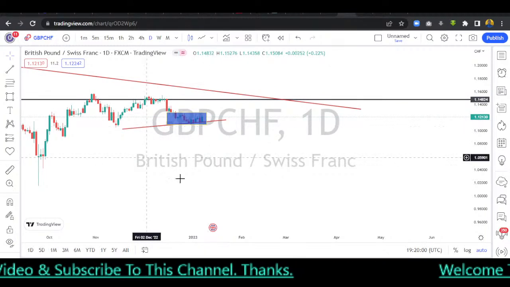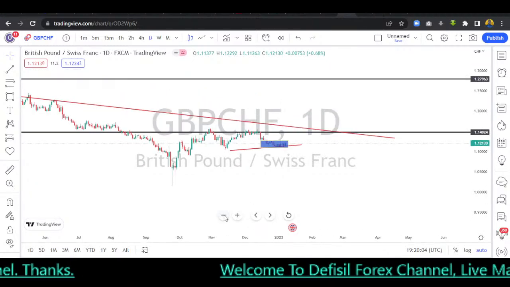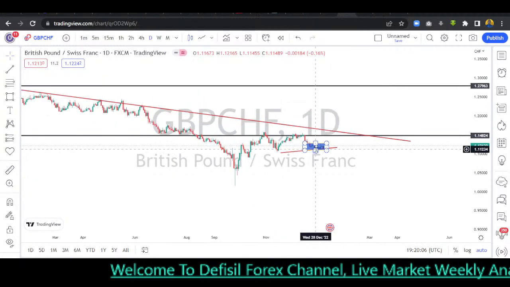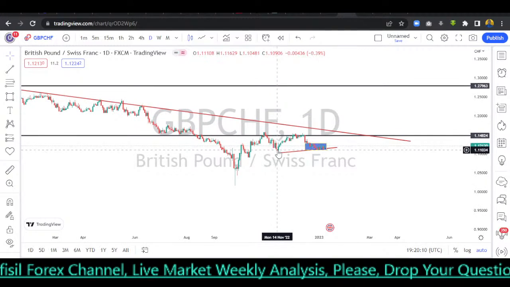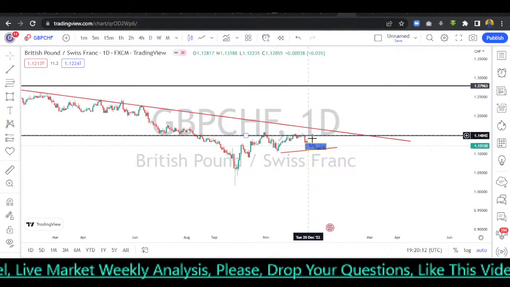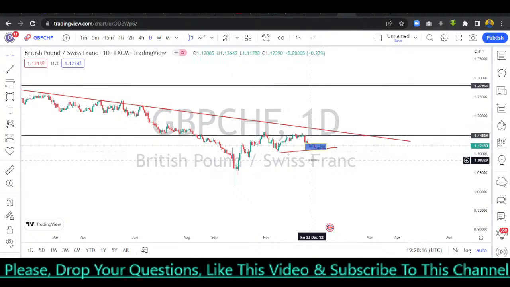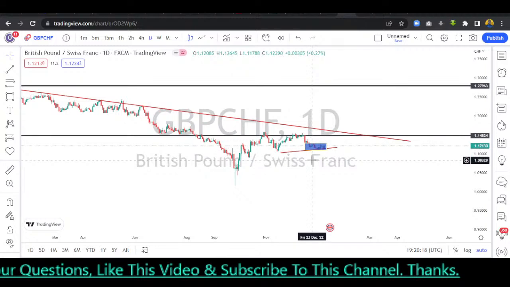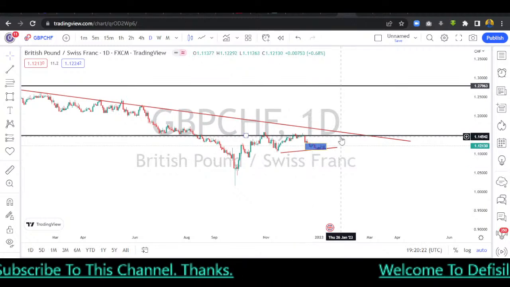The same thing we have here, it gathered momentum and went back all this way, then it's now down here. So let's anticipate that this market should come towards this direction.